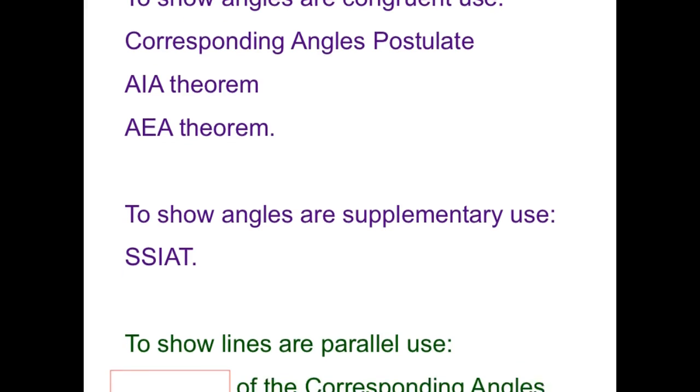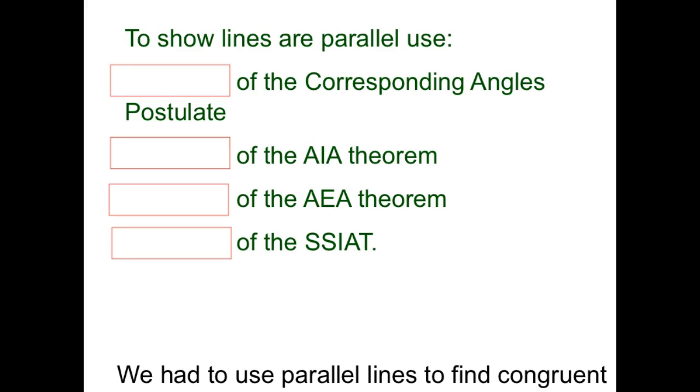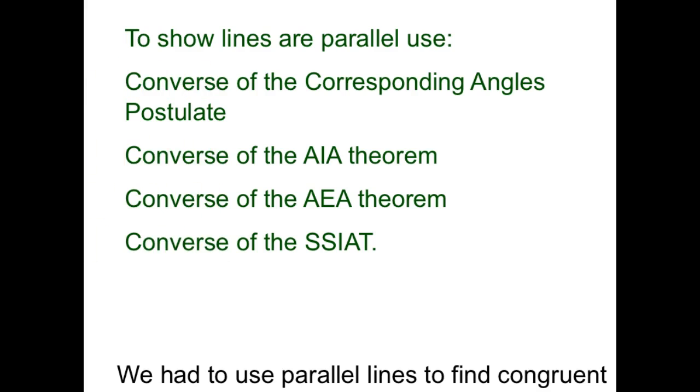And what their converses do is they show that we have parallel lines. And so we can use any of those 4 depending on what we have marked in the picture: converse of the corresponding angles postulate, converse of the alternate interior angle theorem, converse of the alternate exterior angle theorem, or converse of the same side interior angle theorem. Any of those will prove that your lines are parallel.